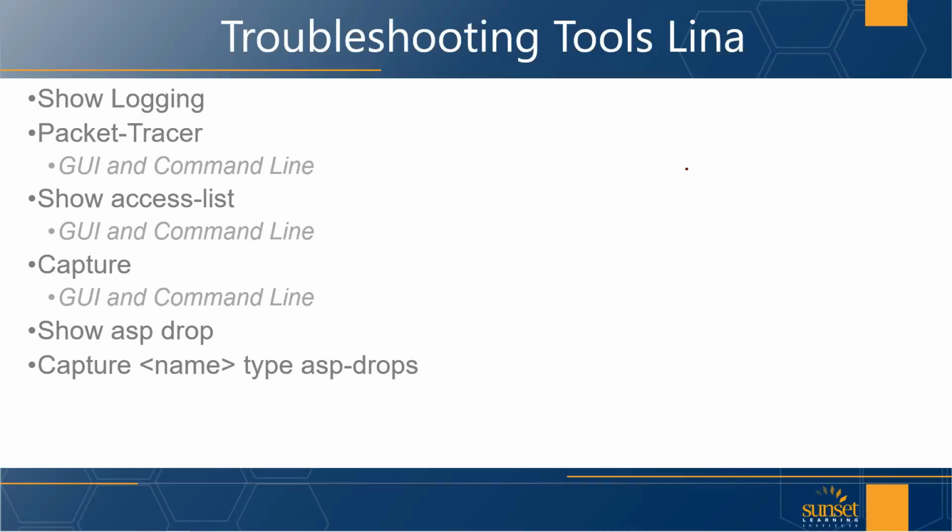We had packet tracer in the ASA, but here you can do it from the GUI and the command line. Show access list, you could do it from the GUI and the command line. And by the way, if I didn't specify the GUI and the command line, it's only command line, okay? Show ASP drop from the command line, ASP being your accelerated security path, okay? And then we can do capture of those specific drops.